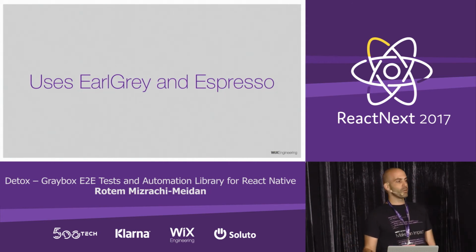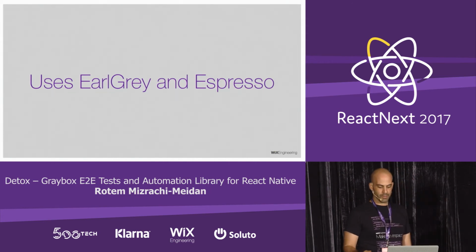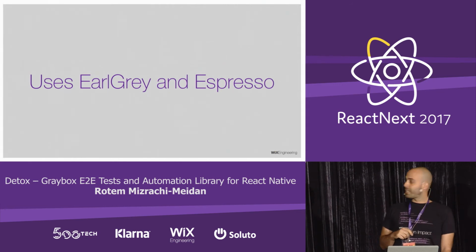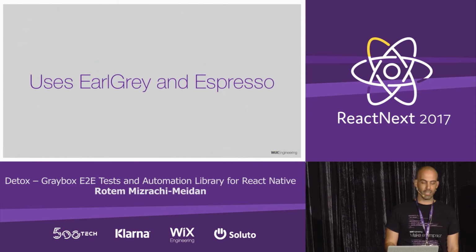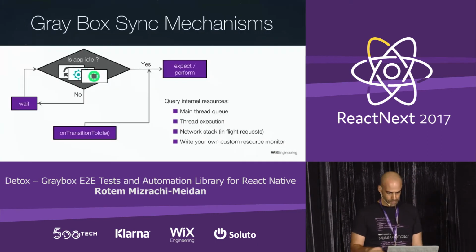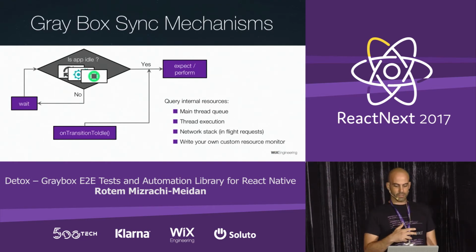The leading native Graybox drivers are developed by Google: Earl Grey for iOS and Espresso for Android. These frameworks can synchronize with the application to make sure that we interact with the app only when it's idle. The underlying synchronization mechanism used by these Graybox frameworks works the following way.